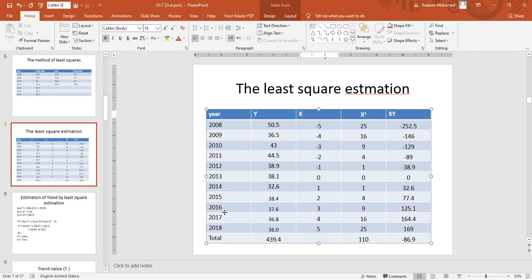So I have to identify or highlight the middle year. What is the middle year here? The middle year is 2013. You will find it is followed by 5 years, and there are 5 previous years also.